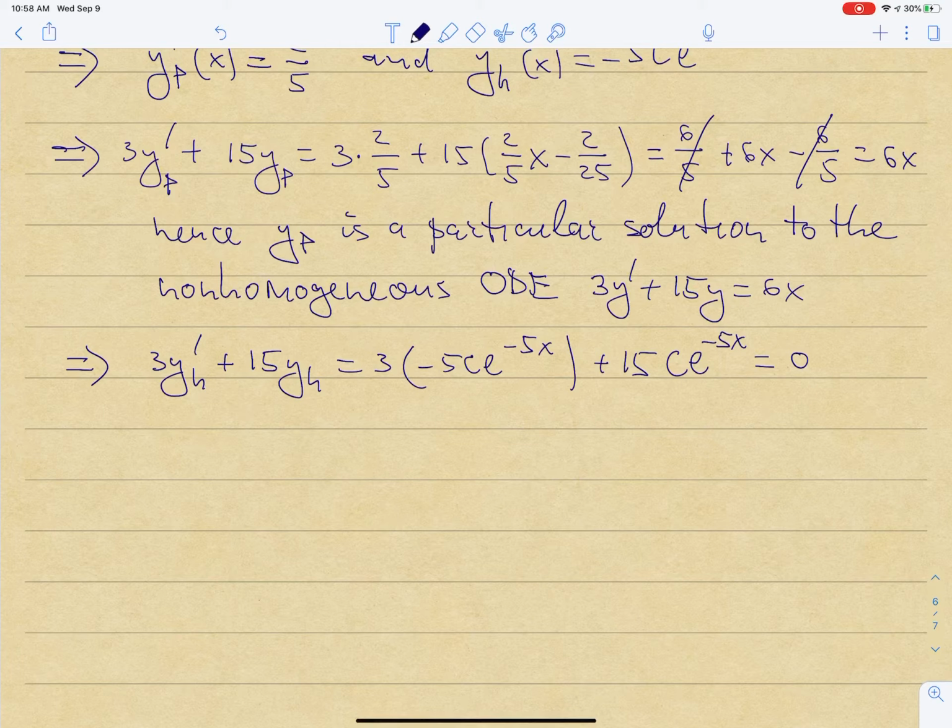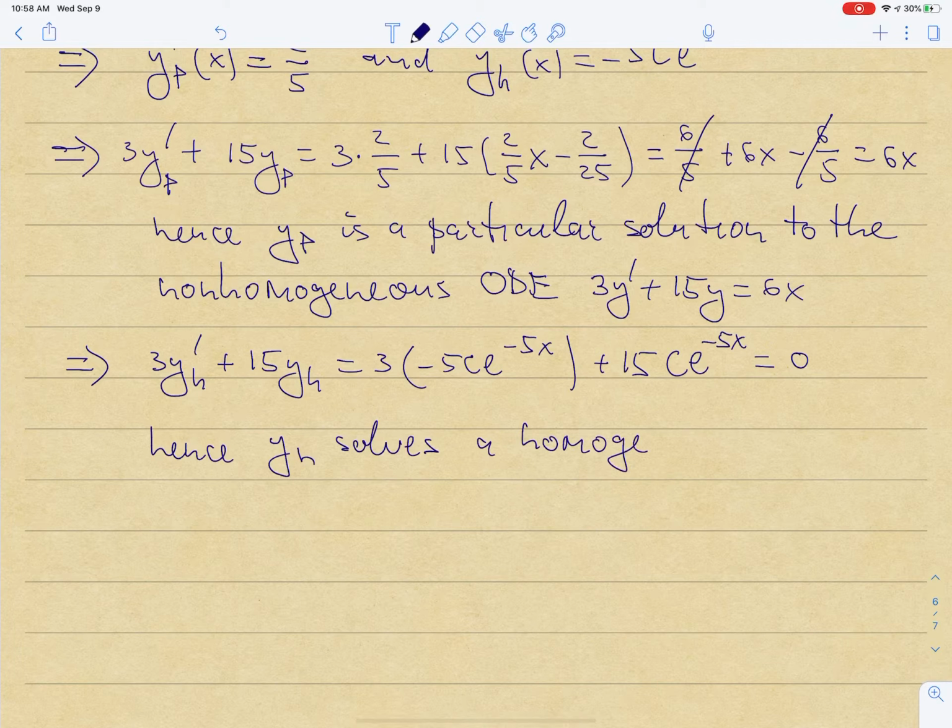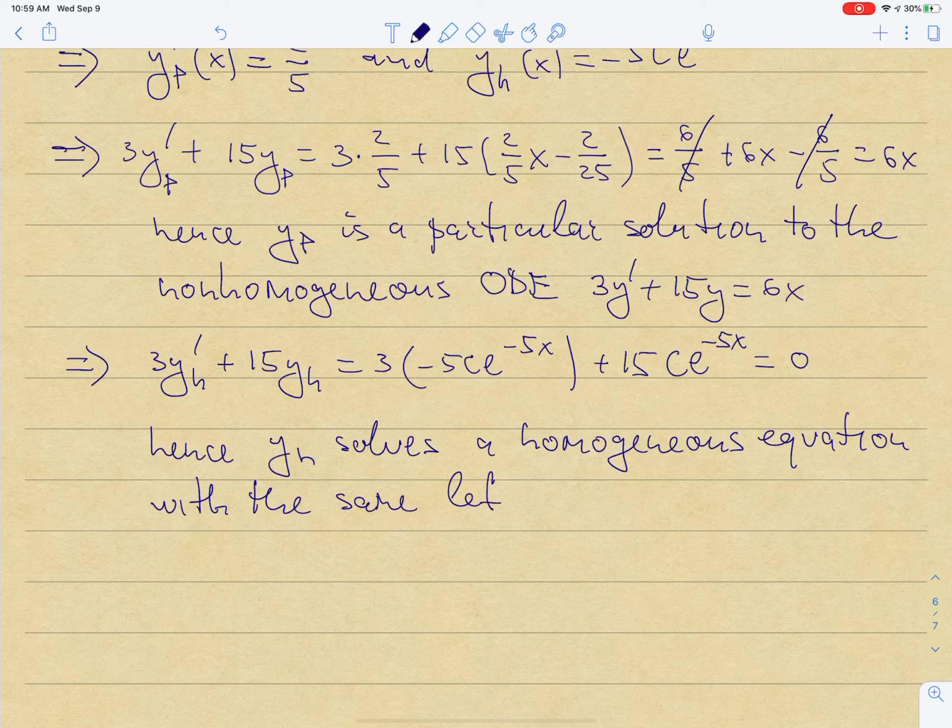And so the conclusion here, yh solves a homogeneous equation with the same left-hand side as the original ODE.